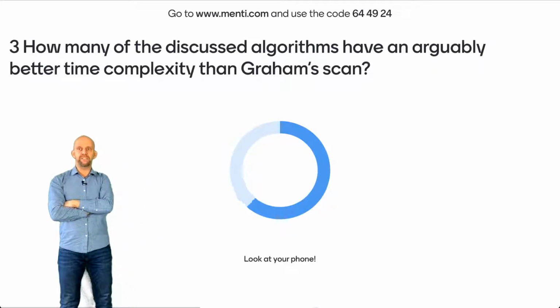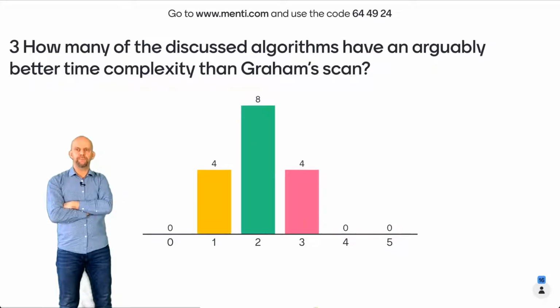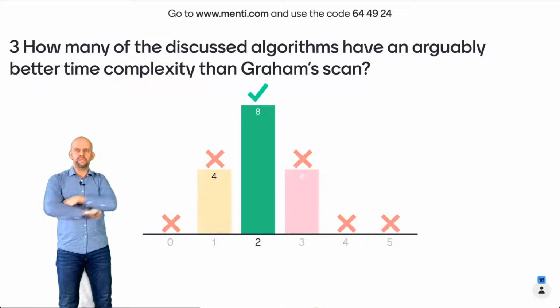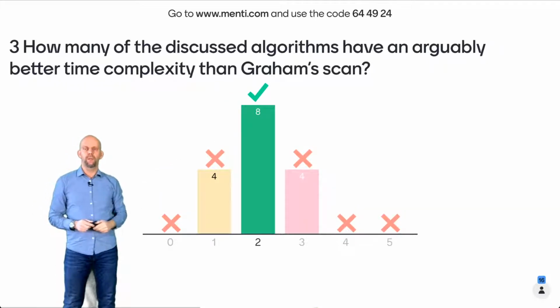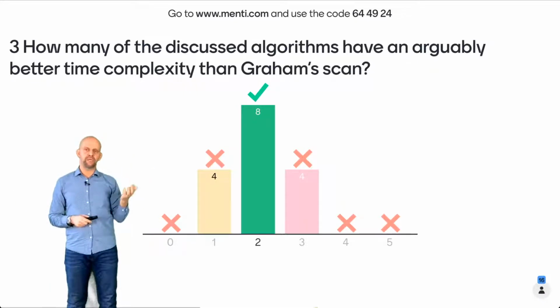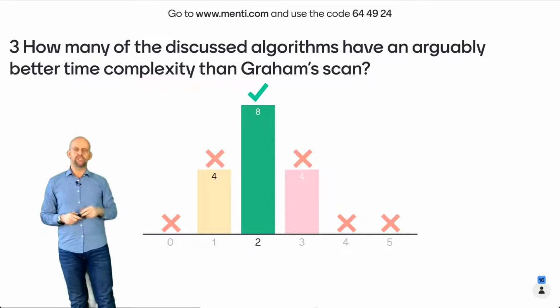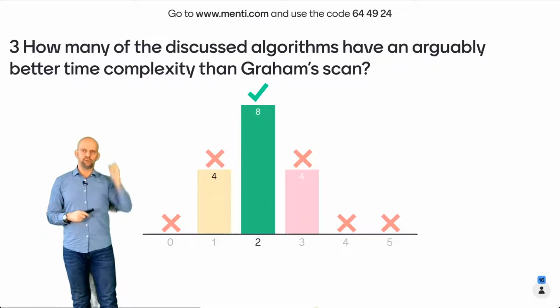How many of the discussed algorithms can have an arguably better time complexity than Graham scan? Of course, the word arguably is an issue here. And the answer is 2. Because, what does it take to be faster than O of n log n? We know that we cannot do it in linear time, but there was this issue of n log h. And there were 2 algorithms.